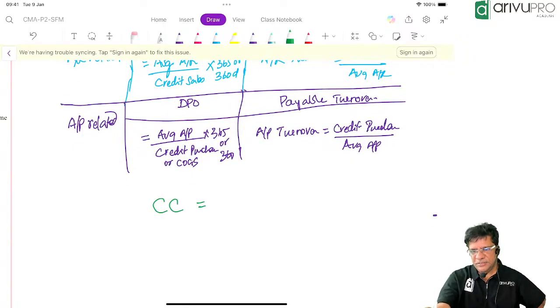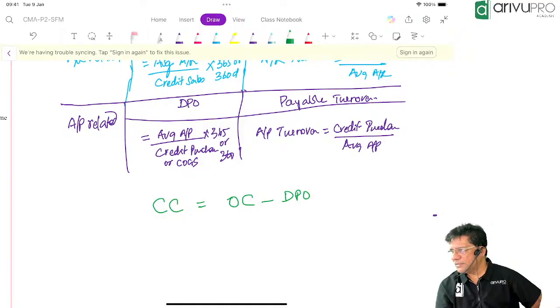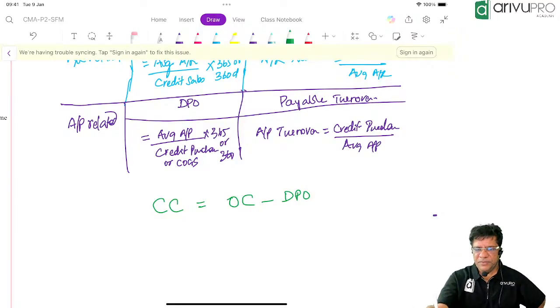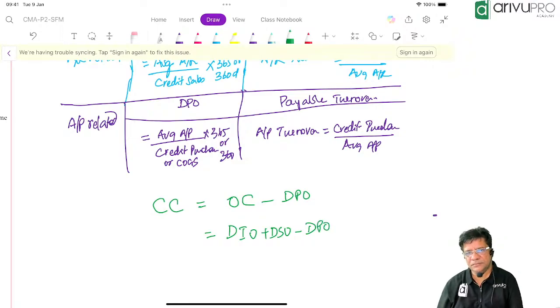Now, what is cash cycle? Cash cycle is nothing but operating cycle minus DPO, right? Already we know operating cycle, DIO plus DSO, minus DPO is your cash cycle.